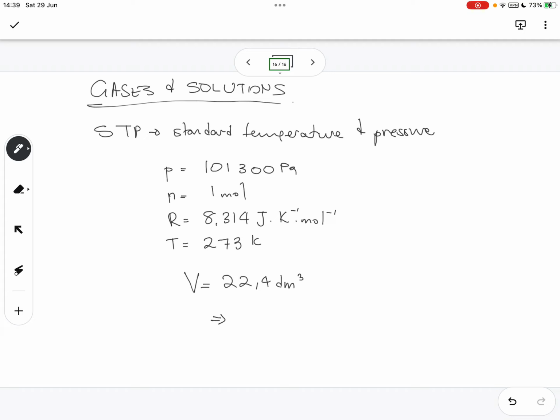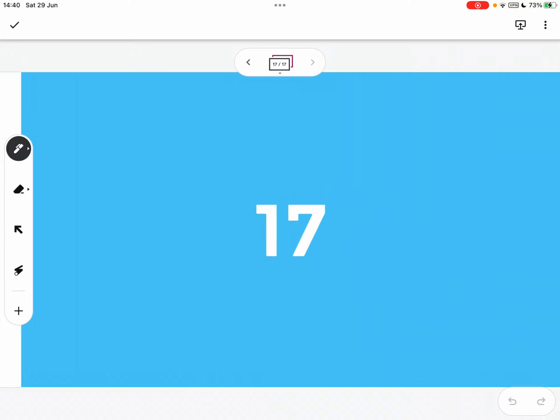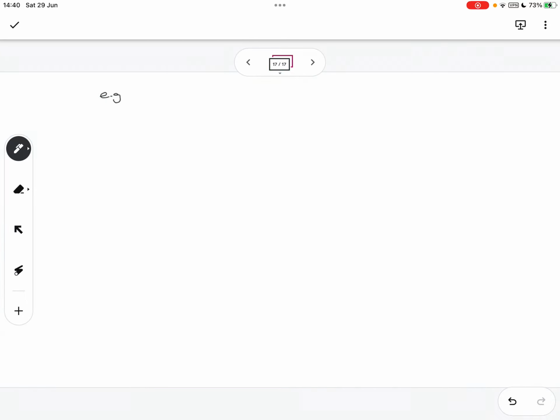It can be ammonia, chlorine, oxygen, carbon dioxide, nitrogen, the noble gases or hydrogen. As long as you have 1 mole, you have 22.4 dm³ if it's exposed out in the air. And the volume of the gas changes in proportion to that number, 22.4 dm³.